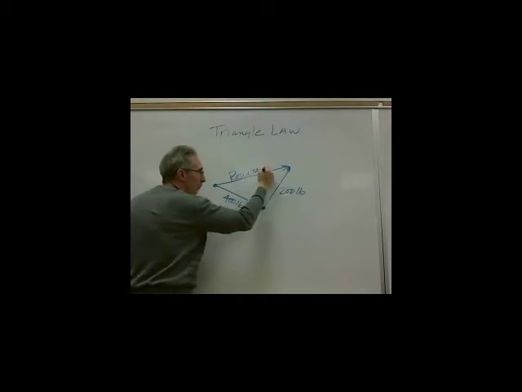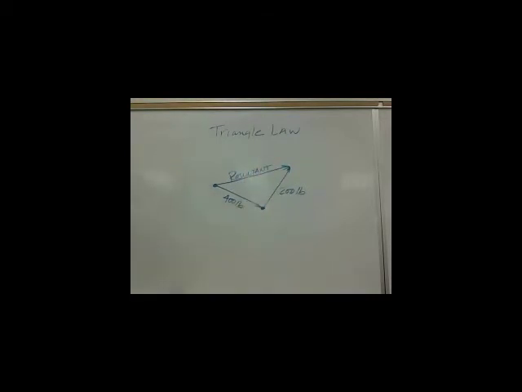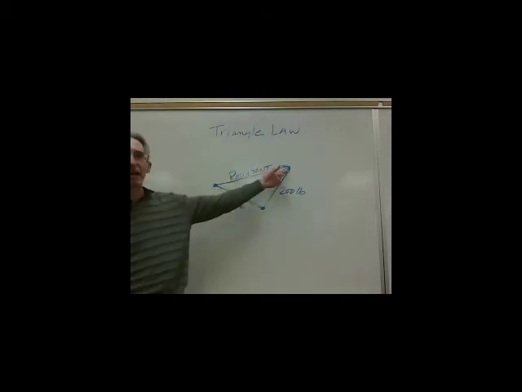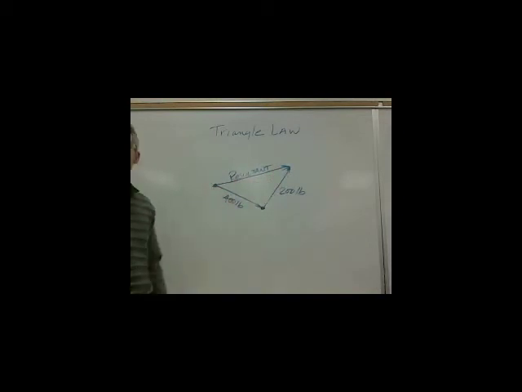So you'll hear people, and you'll hear the book refer to this as the tip-to-tail method. It's the triangle law. You got two vectors, place them in a tip-to-tail fashion, and draw a line from the beginning of the first to the end of the last. And that line represents the resultant.